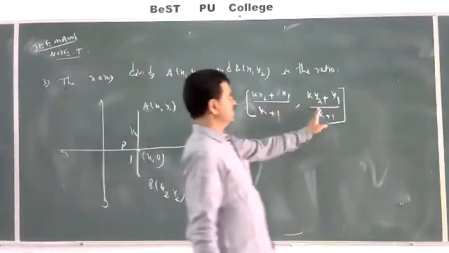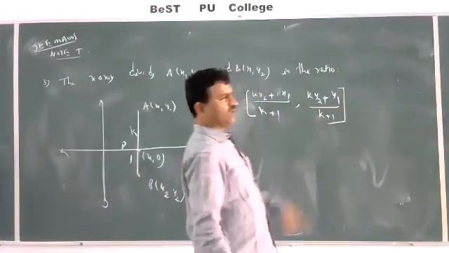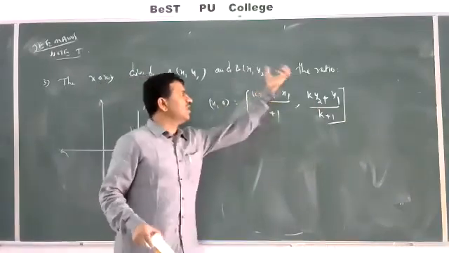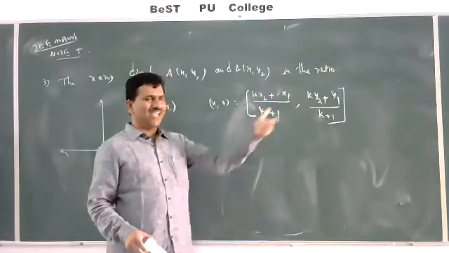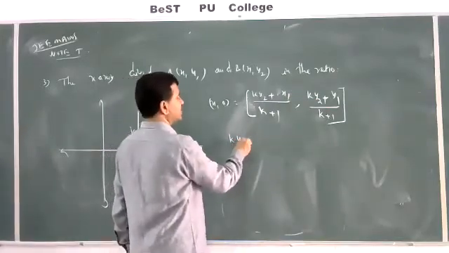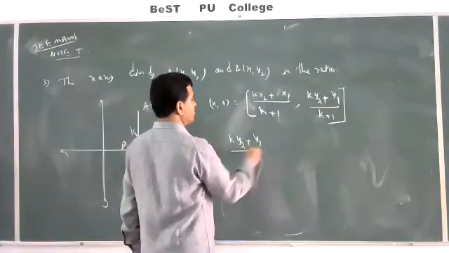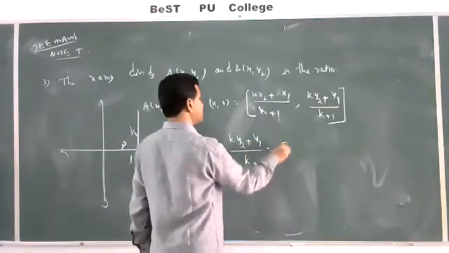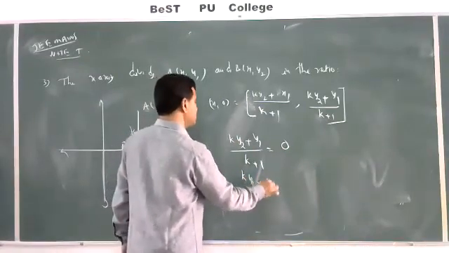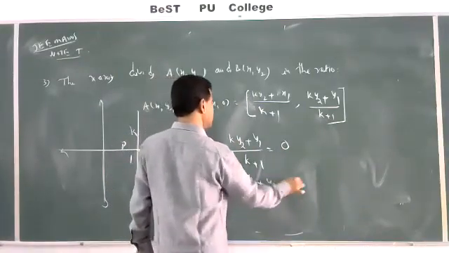Equating y coordinates. If two points are equal, it means x coordinates are equal and y coordinates are equal. Equating the y coordinates, (k y2 + y1) by (k + 1) is equal to 0. So k y2 + y1 is equal to 0.